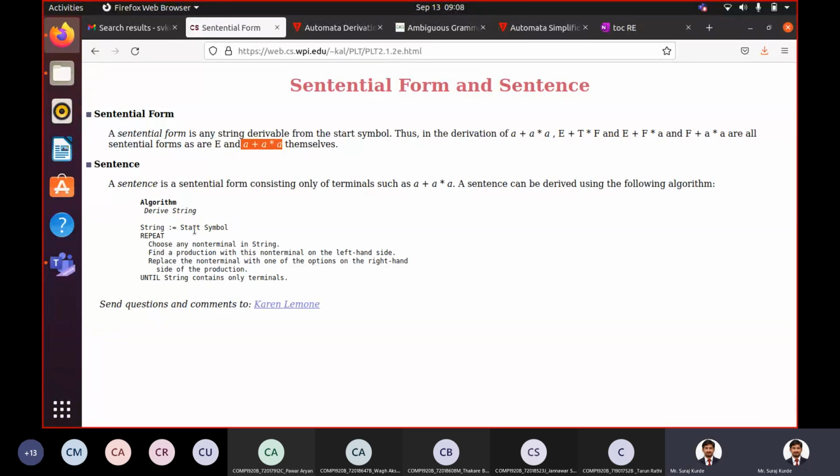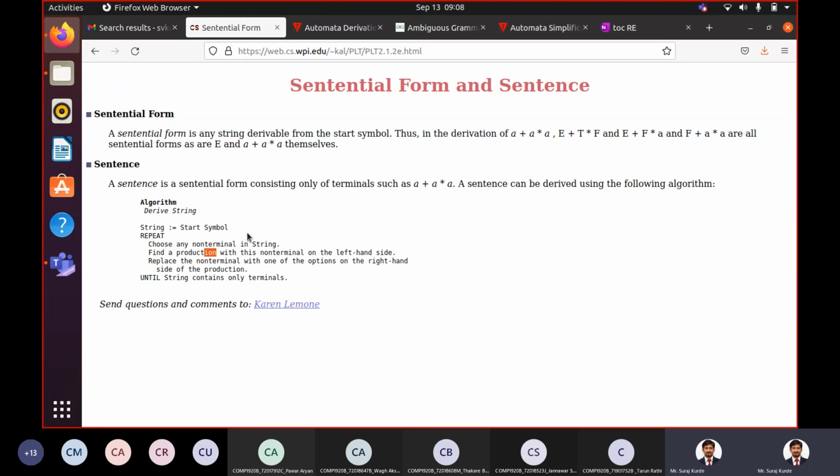Algorithm to derive a string: string is equal to the start symbol. What is the start symbol we have? Yes, E or P. Whatever symbol is given as the start symbol. Repeat the steps. What are those steps? Choose any non-terminal in the string. That means production from the start symbol. Find productions with this non-terminal, which we have selected, on the left hand side, and replace that non-terminal with its production.